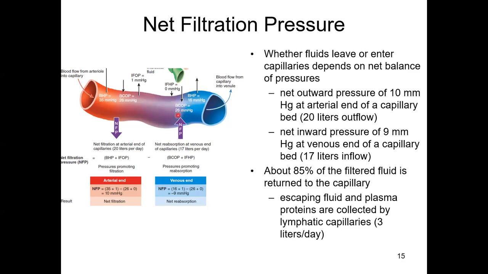And this means that fluids with electrolytes, with small proteins, with waste products will be streaming back into the venules and the venous end of the capillary bed. This is reabsorption.